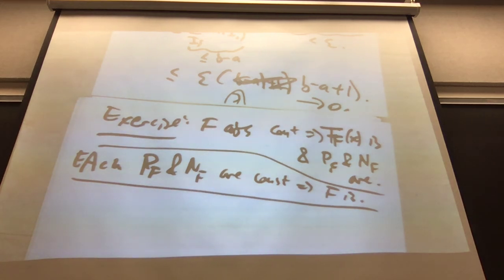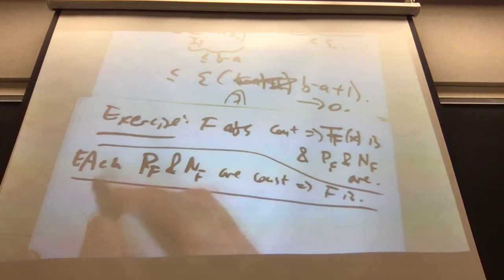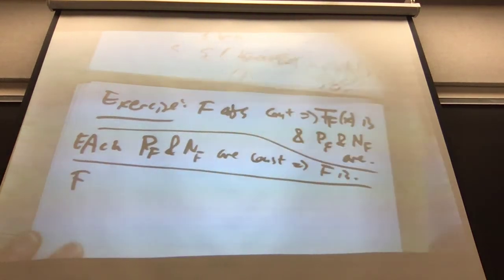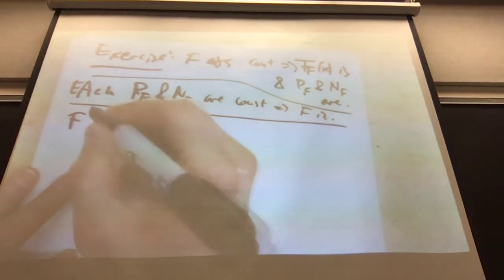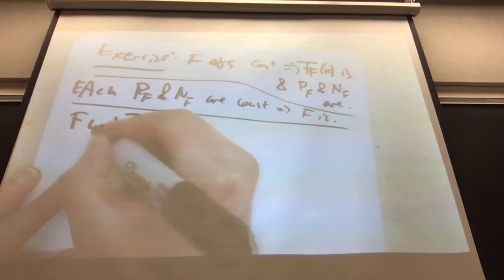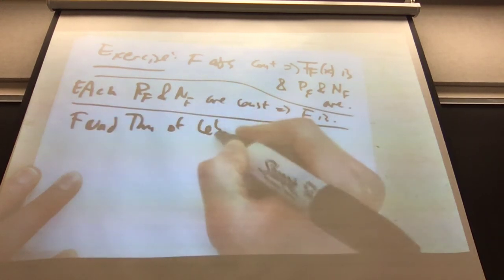Let me just state, because the proof is pretty much what we've done. We'll do jump discontinuity next time, but let's state the fundamental theorem of Lebesgue calculus. Fundamental theorem of Lebesgue integration.